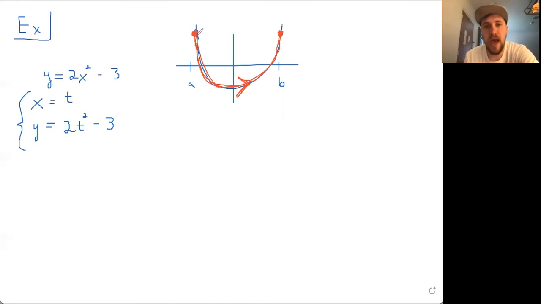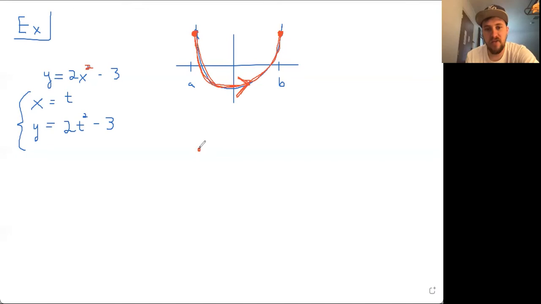Anyway, so we have an orientation of a curve, right? And we're saying that the standard parameterization is usually given by x equals t and then y equals f of t, right? And we're using the example here where y is 2x squared minus 3.